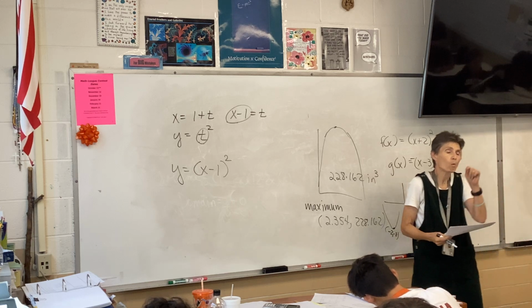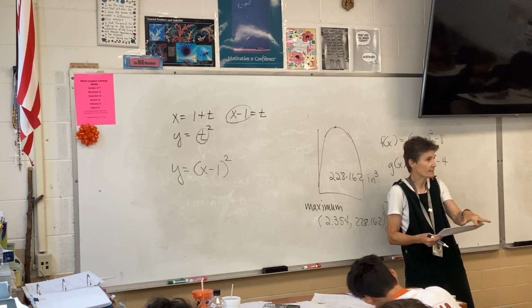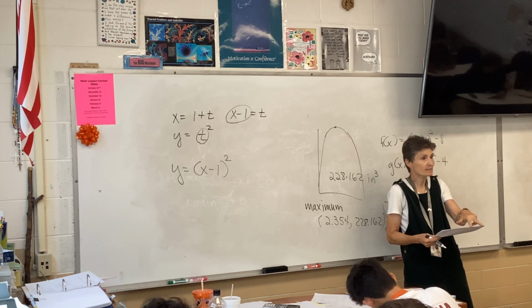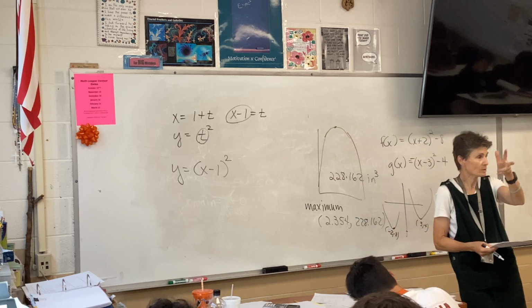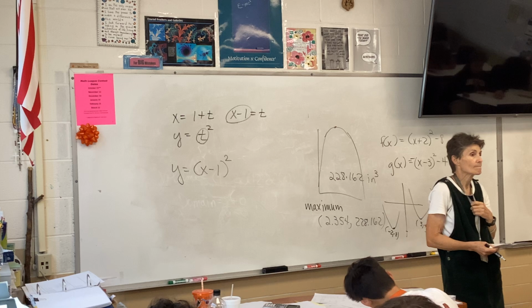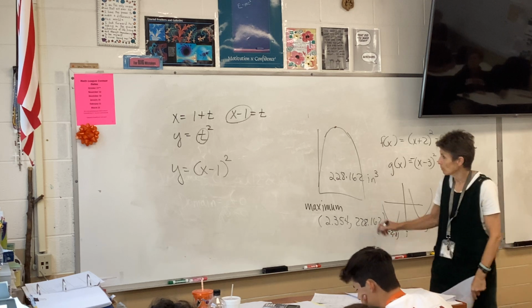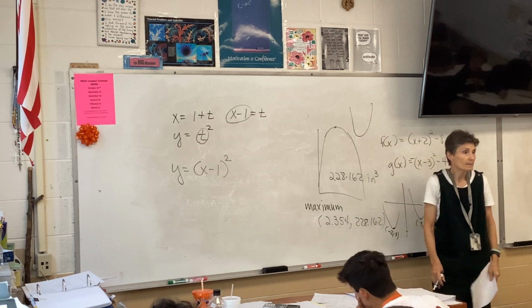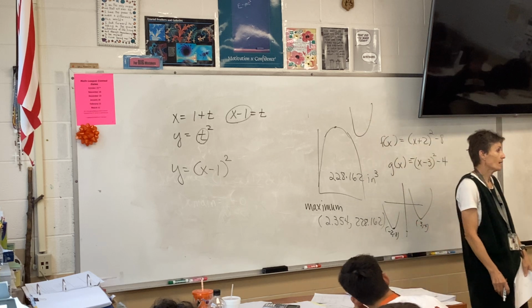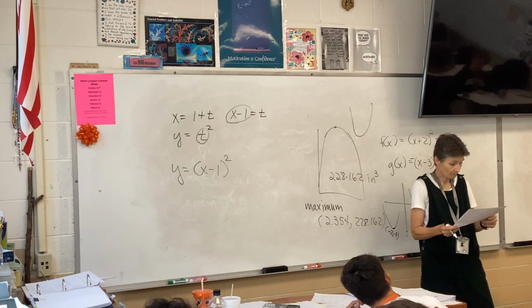If you are 1-to-1, you pass the vertical line test, no repeating x's, and you pass the horizontal line test, no repeating y's. Yes, 1-to-1. Now, what if I drew a parabola? Not 1-to-1, because it does not pass the horizontal line test.